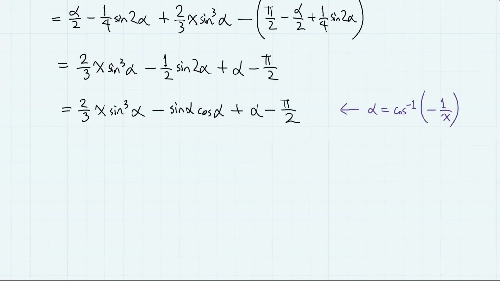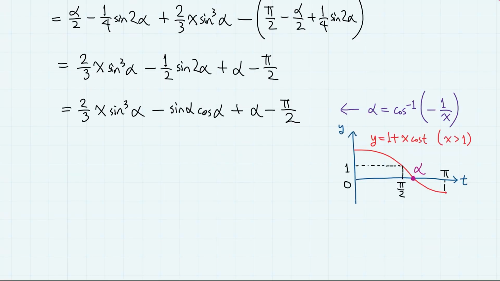Now it's time to replace alpha with x, and here, we have to think carefully about where this alpha is located on the t-axis. In this case of x greater than 1, we know that alpha is greater than pi over 2 and less than pi. This means that cosine alpha is negative, but sine alpha is positive.